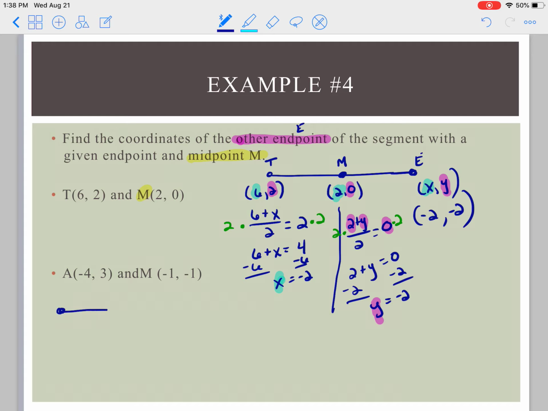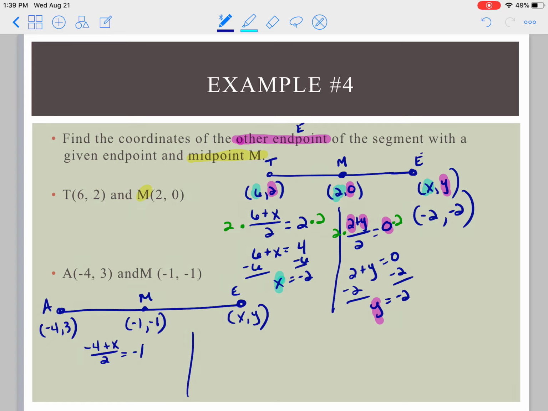Lastly, we have A. I have midpoint M, endpoint E, which we know is going to be an X and a Y, but we don't know what. -4, 3, -1, -1. Using the midpoint formula once again, to find the X coordinate, I know that -4 plus X, divided by 2, should equal -1.